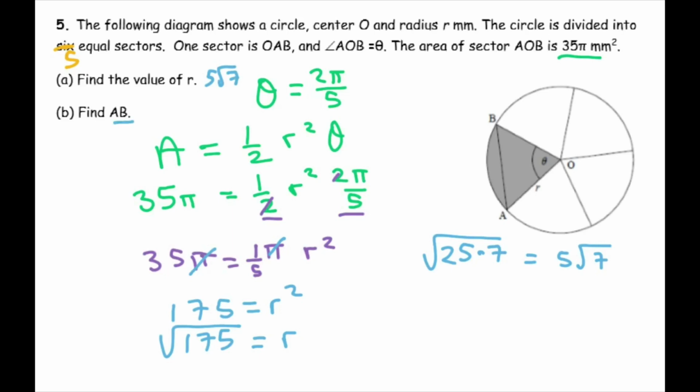When we find AB and use the law of cosines, I'm just going to go ahead and use the square root of 175, because it makes it easier. Your angle, again, is 2 pi over 5. So we have a side angle side triangle. To get this side, we have to use the law of cosines. You already have the formula from the first one, so we're just going to fill it in.